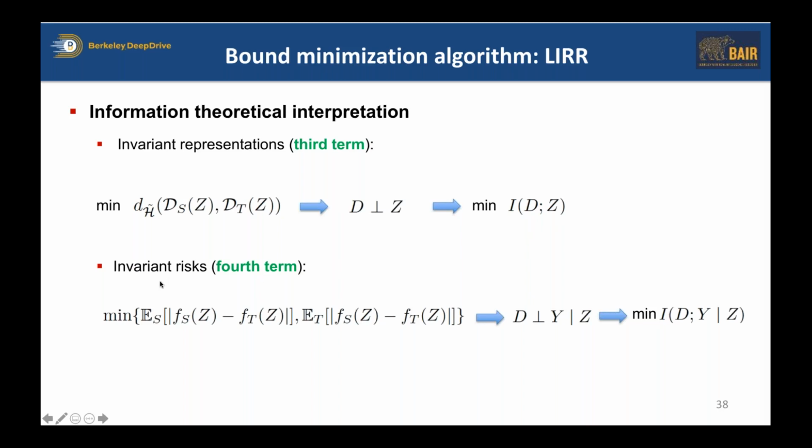And for the fourth term, which is trying to learn the invariant risks, it also indicates that the domain is independent with your final prediction given this representation Z, which is also indicating that we want to minimize the mutual information between the domain prediction and your representation Z.